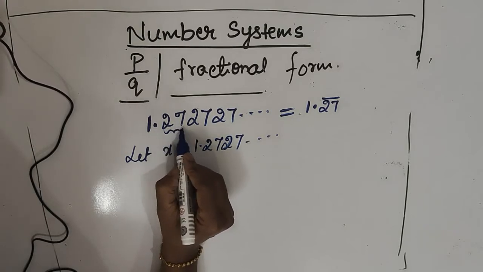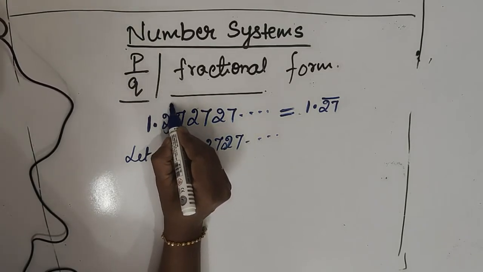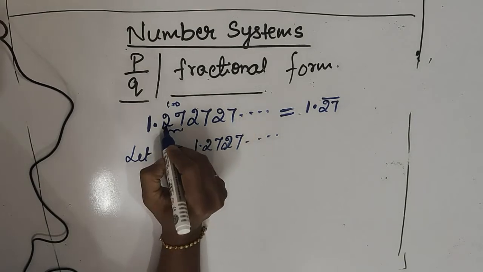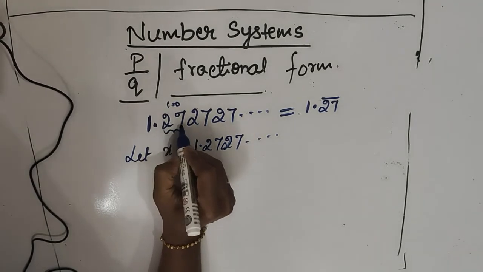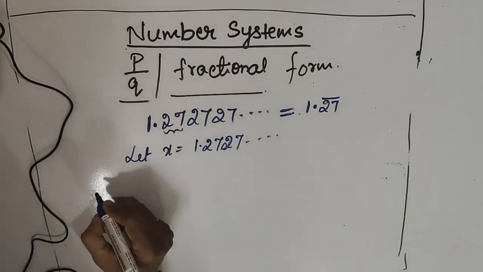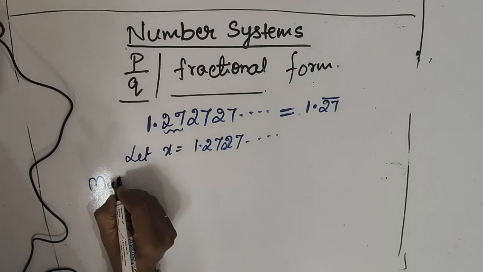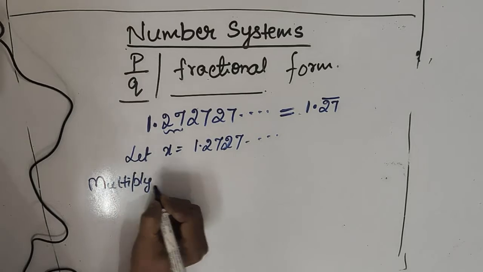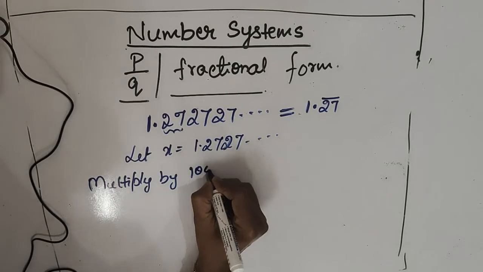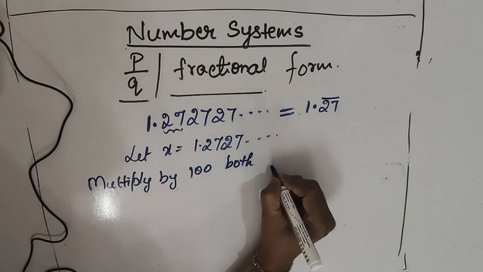I said when two numbers are repeating, we have to multiply by 100. When only the first number is repeating, multiply by 10. Both the numbers are repeating, 100. Okay, so multiply by 100 on both sides.